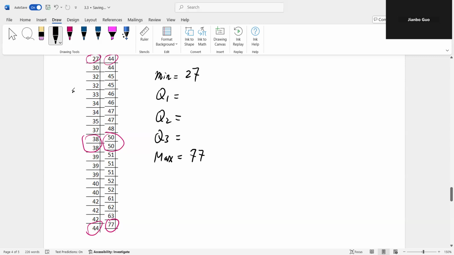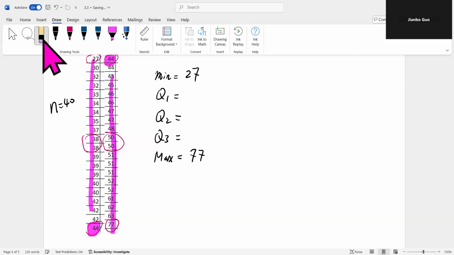How do we find the median? Since this data set has 40 values, that means in the middle we have 2 values. So this 44 and this 44, they are in the middle. That means there are 19 values before them that are smaller than 44, and 19 values after them that are bigger than 44.